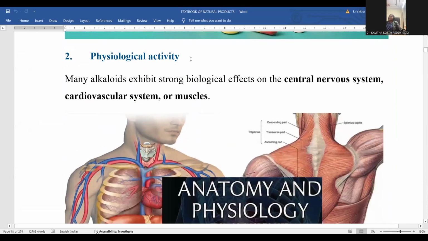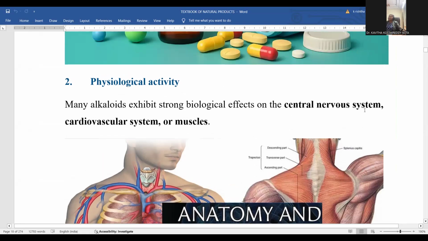Then physiological activity. Why do we need to study these alkaloids extensively? What is the reason behind that? Because of their potential physiological activity, they take a crucial part in day-to-day human metabolic activity. Many alkaloids exhibit strong biological effects on the central nervous system. They stimulate the central nervous system, the cardiovascular system as well, and even muscles.